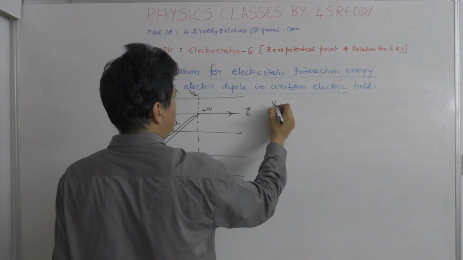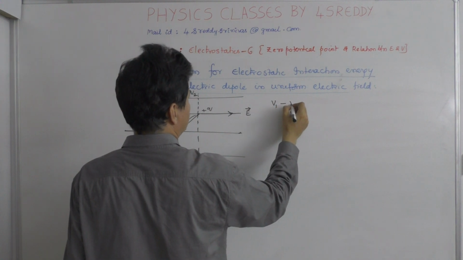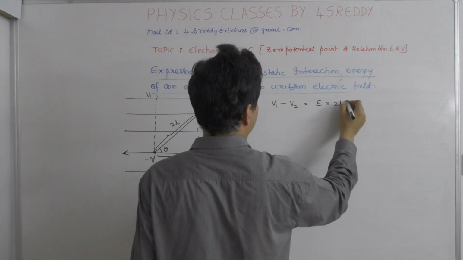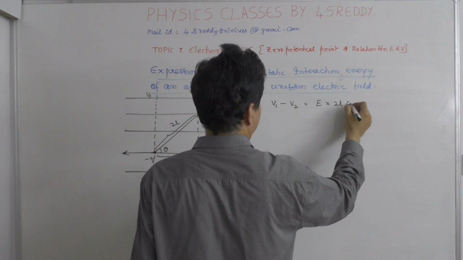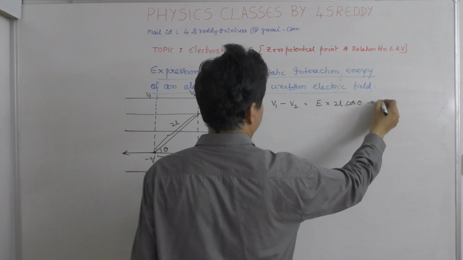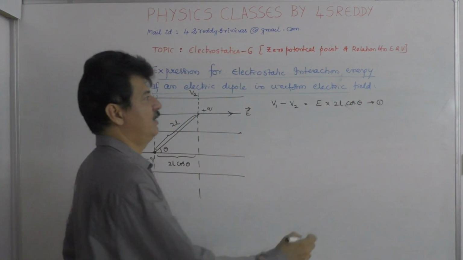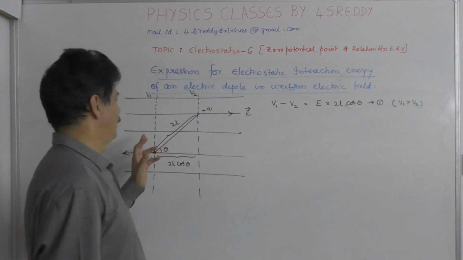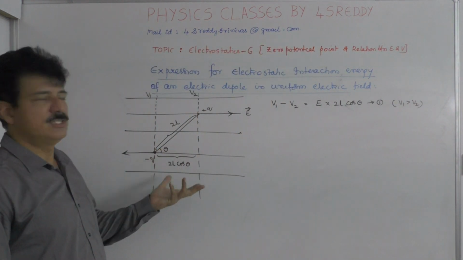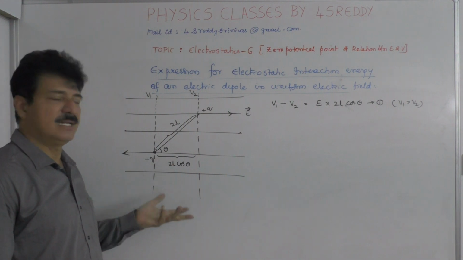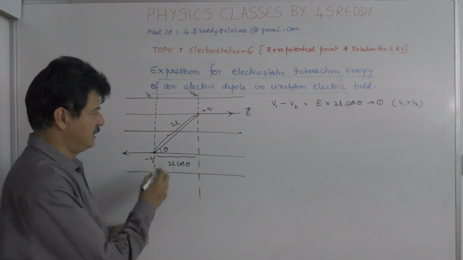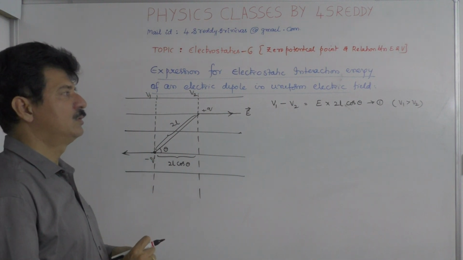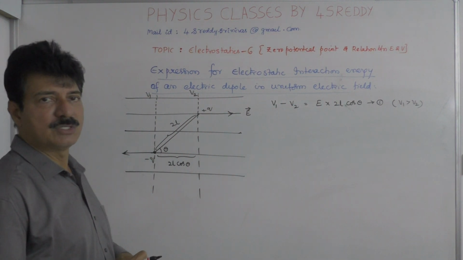Therefore, potential difference V1 minus V2 is equal to E into 2L cos theta, this is the first equation. Because here V1 is greater than V2. Therefore, V1 minus V2 is E times dx, and dx is 2L cos theta. Therefore, V1 minus V2 is equal to E into 2L cos theta.